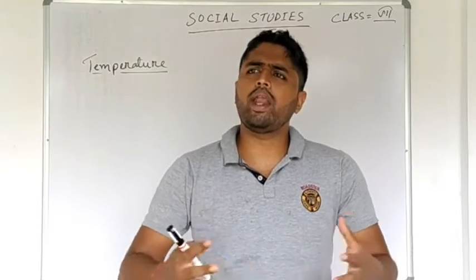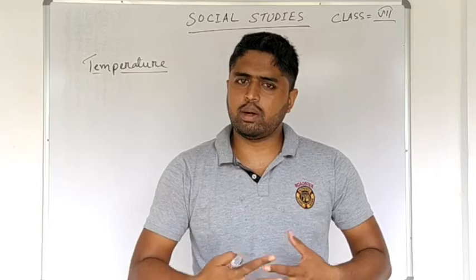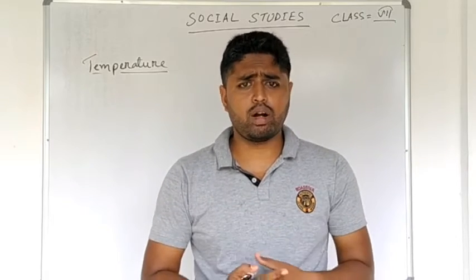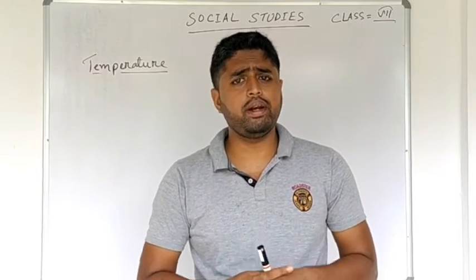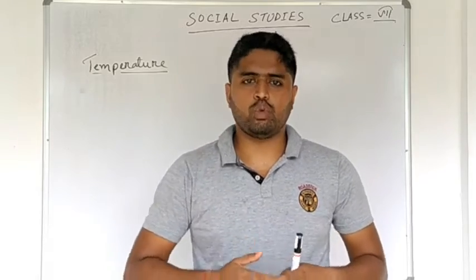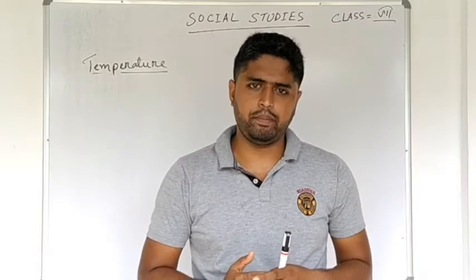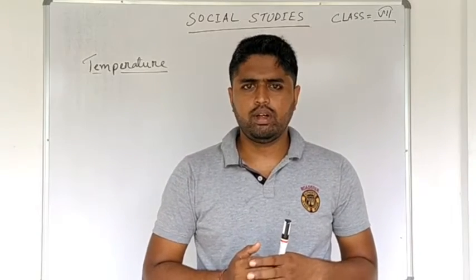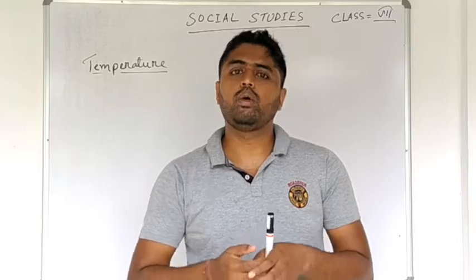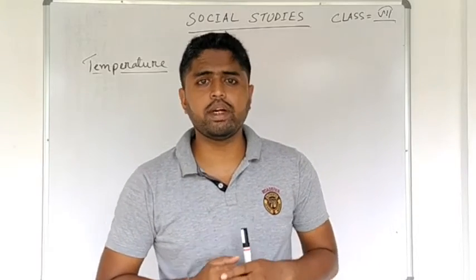So basically when we face the summer season, we find it very hot, extremely unbearable. So what do we do? We stay inside the home. We avoid the sunlight to protect ourselves. Why do we do this? So that we may not face the extreme heat.